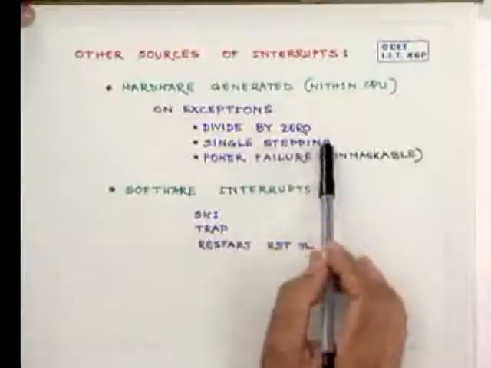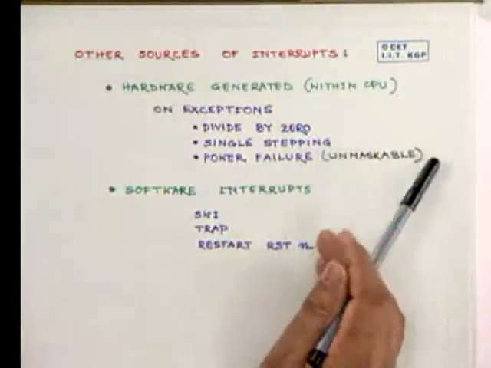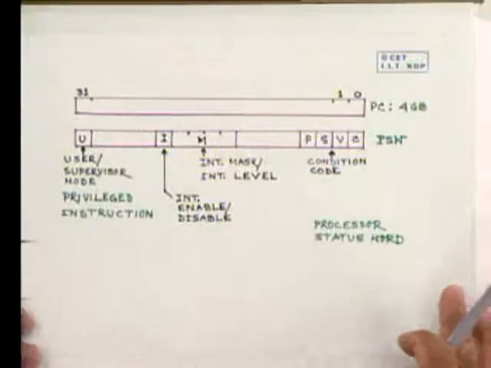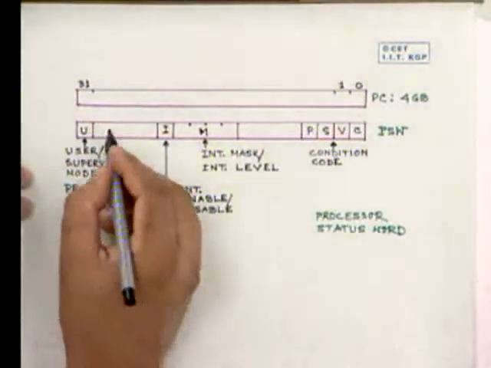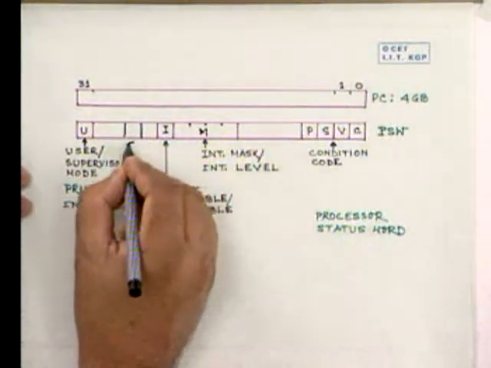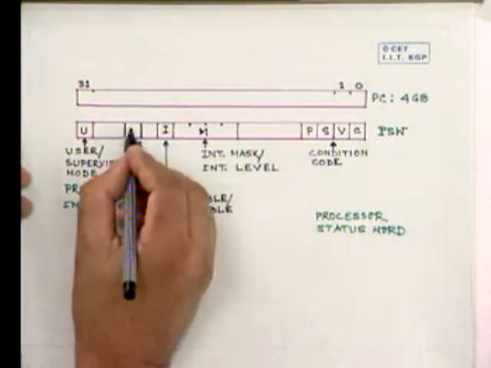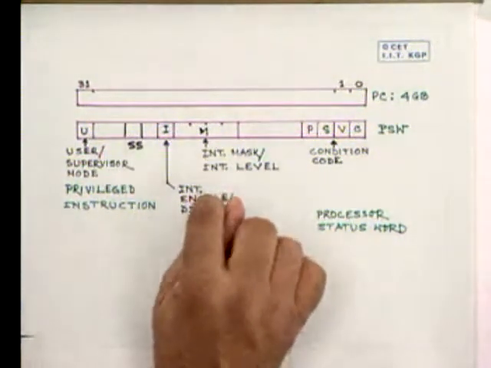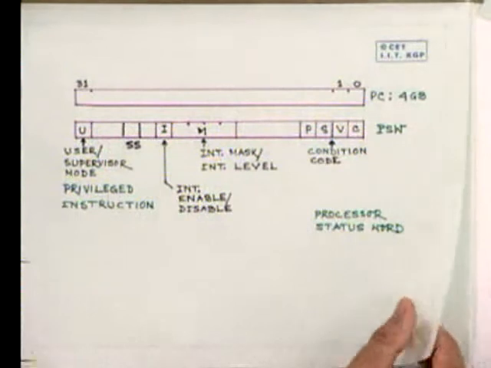Now, it can be single stepping. We talked about the processor status here. There can be another bit, the single step bit. If this is 1, that means that at the end of execution of every instruction cycle, an interrupt will be generated.